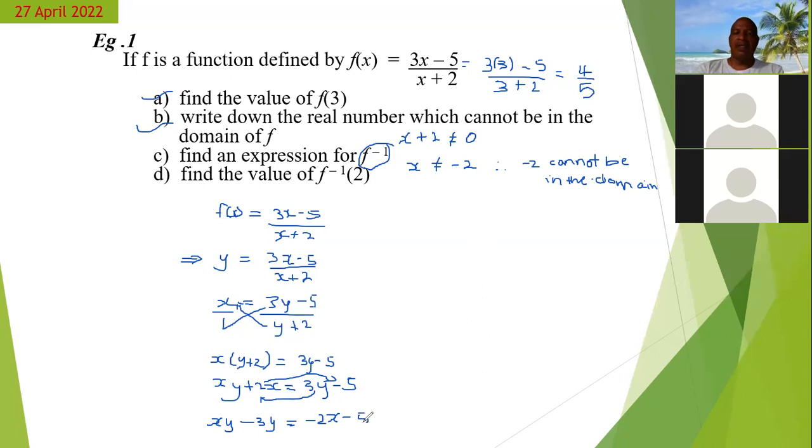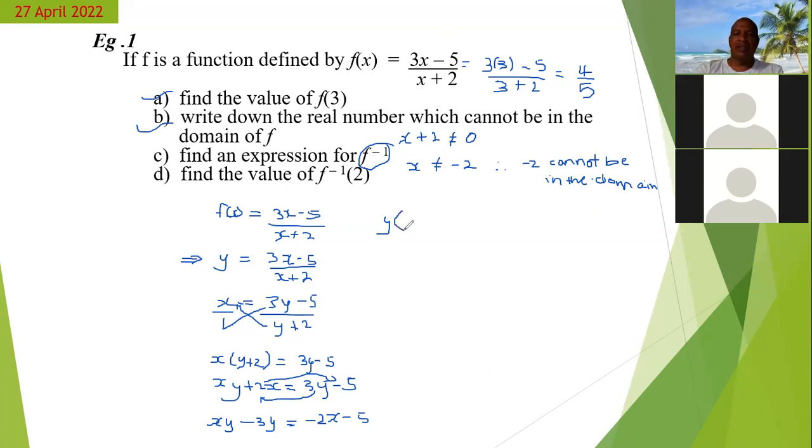All right, what we are really concerned with is making the y's into a singular y. So if we factorize this left-hand side by y, we would get y as the common factor. So we take out y, and then we would factorize by y.